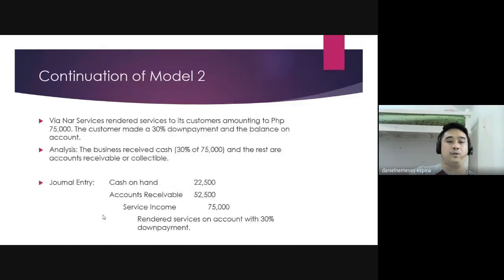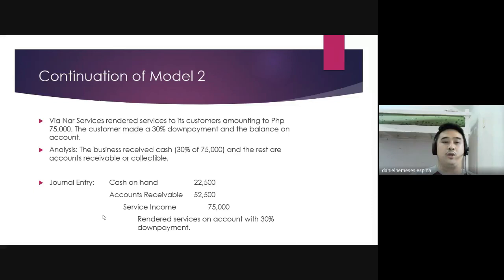Okay, another scenario. VNR rendered services to its customers amounting to 75,000. So the collectible is also 75,000. However, in this case, the customer made a 30% down payment.